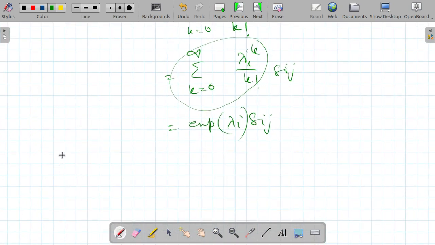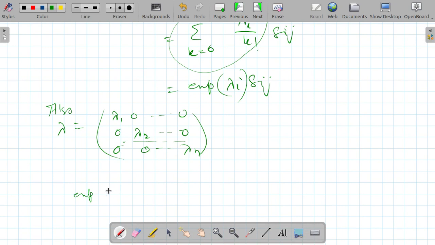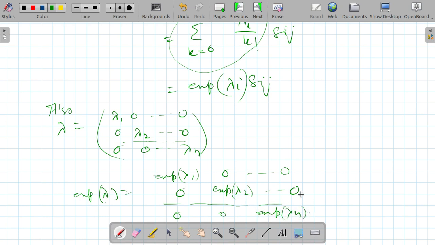Also, since lambda is a diagonal matrix, the exponential of lambda can be written as the exponential of every diagonal entry. We call it equation number 19.